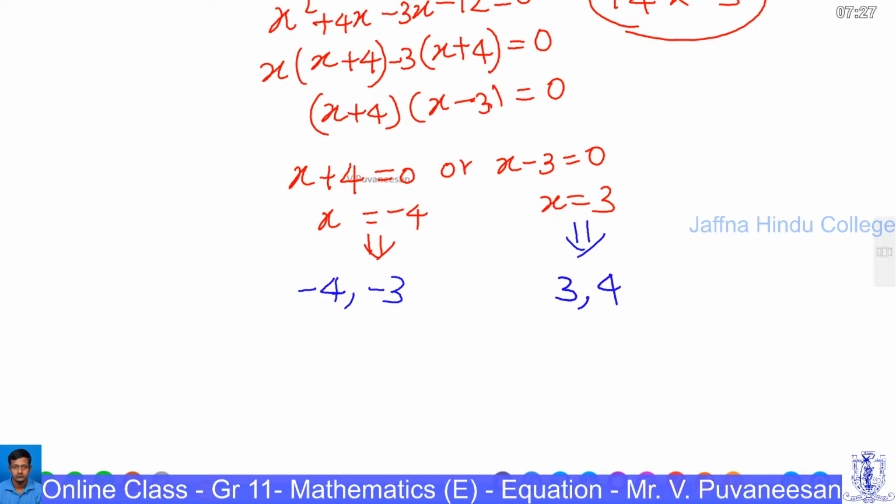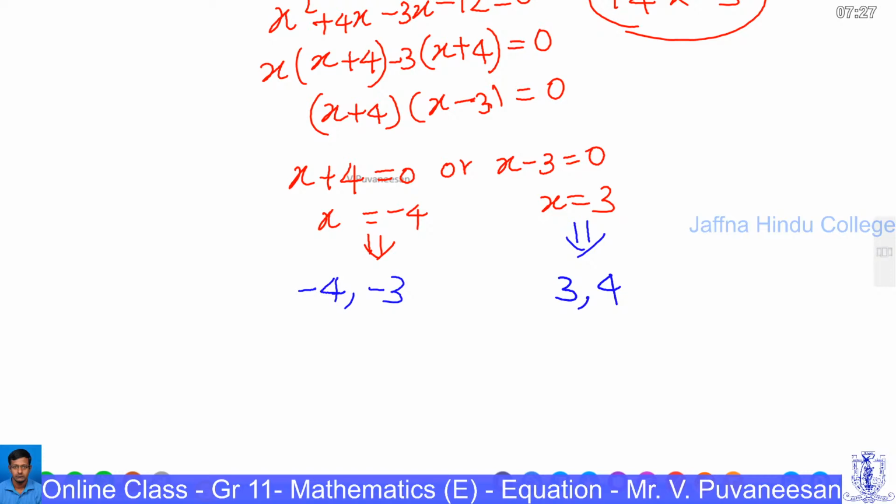Now multiply 3 into 4, 12. They also said the product of two consecutive integers is 12. So we got two sets of integers, because this is a quadratic equation.